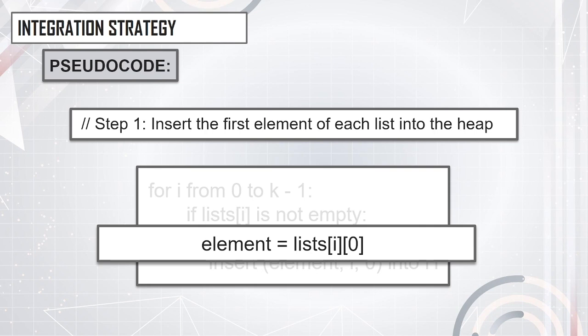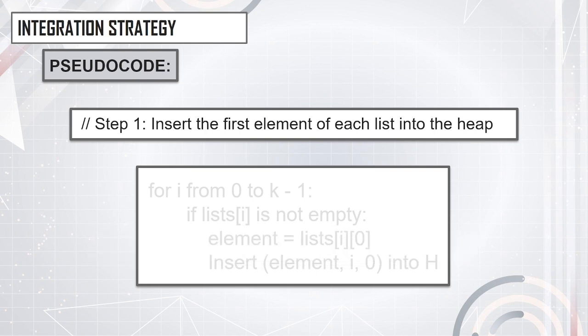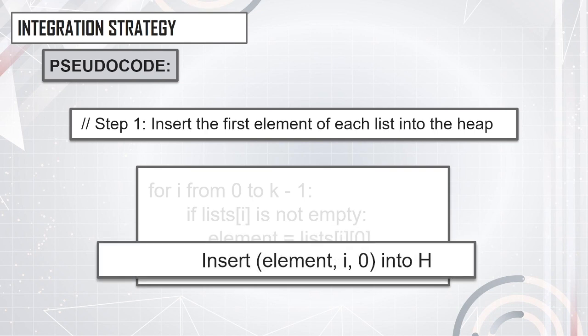The last line of this step is where the core of the initialization happens. Then, the insert operation maintains the min heap property, which is maintaining the smallest element at the top.